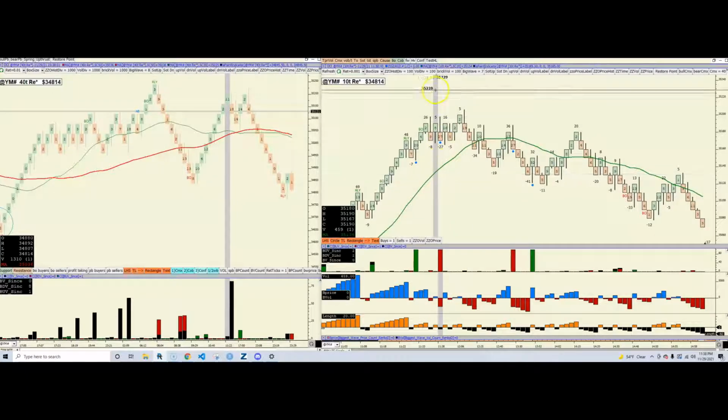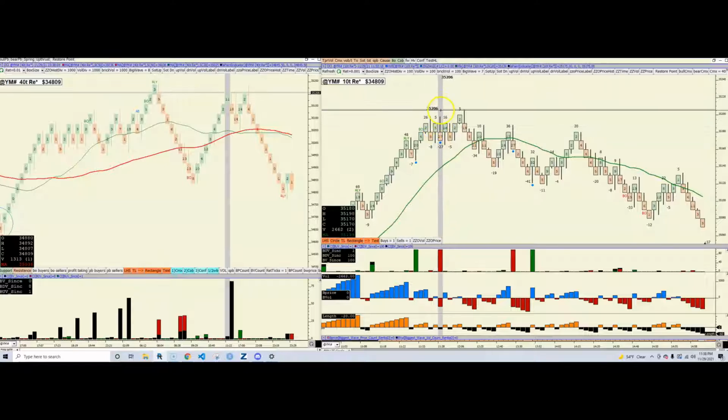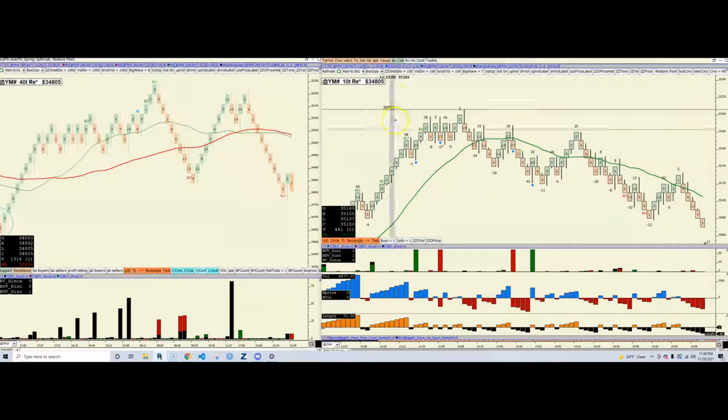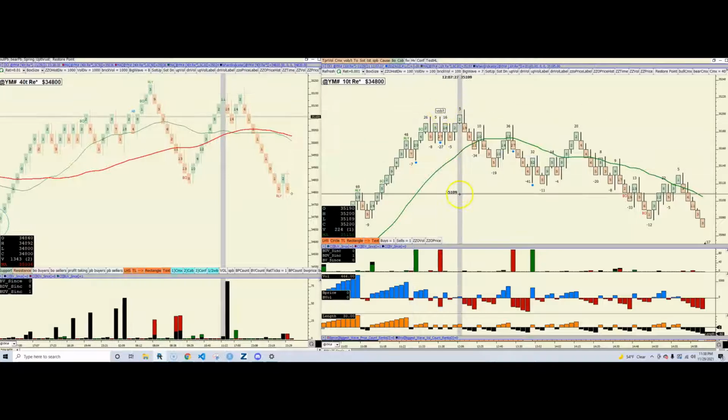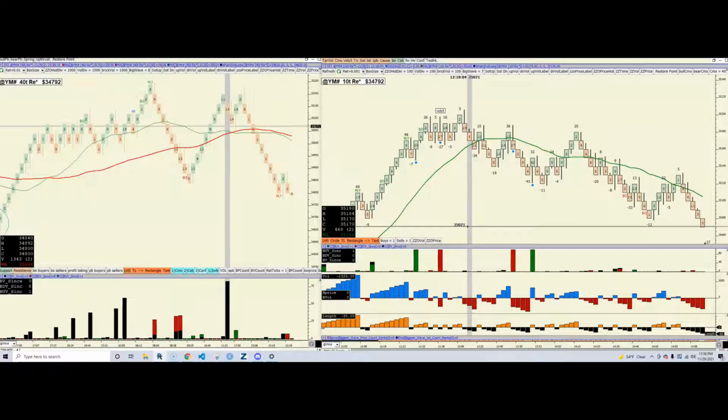No questions. Right here, you have volume off the top, right there. That's volume off the top. Volume off the top is one of the elements of distribution, just like volume off the bottom is one of the elements of accumulation. That's one of the things.